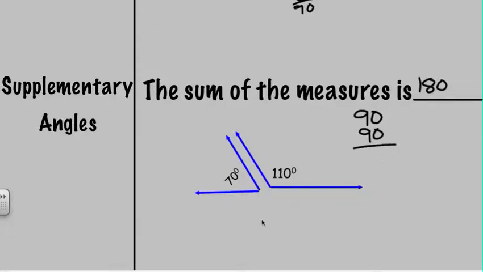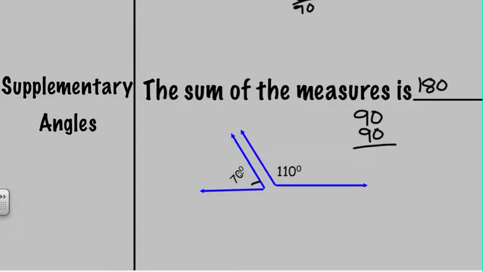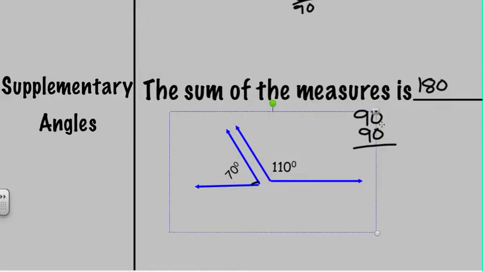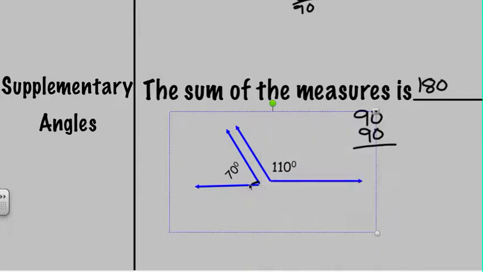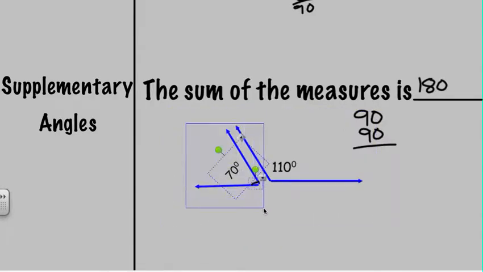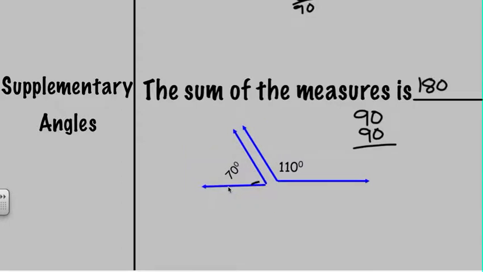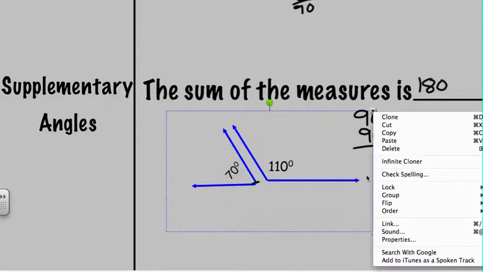What I like, that most of you already knew, is the fact that if I was to take these 2 angles, and let's see if it lets me, and I was to slide them together, they're grouped together. Let's see if we can ungroup them really quick. But if I was to slide them together, you notice that, let's see, nope, that's not going to let me do that either. Alright, I was hoping maybe so.